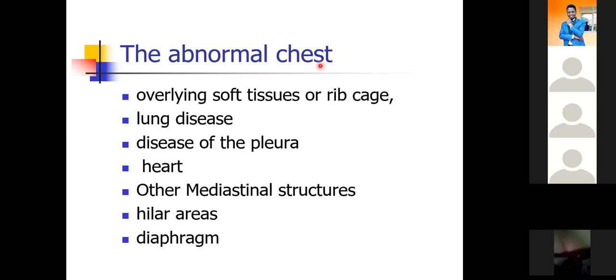You can think about the pleura as one compartment of its own. Another one, you can think about the heart and the other mediastinal structures as an independent compartment, then the hilar areas and the diaphragm.